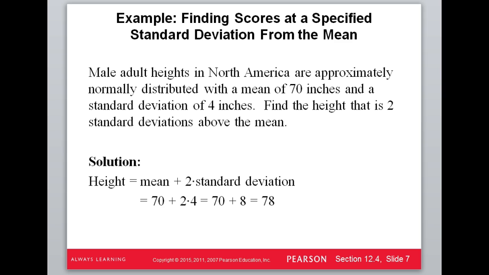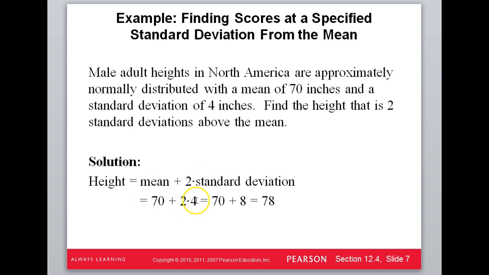Alright, finding scores from a specified deviation from the mean. So we have adult heights in North America, approximately normal, mean of 70 inches, standard deviation of 4 inches. Find the height that is 2 standard deviations above the mean. So what's the cutoff at 2 standard deviations above the mean? What we do is take the mean and add 2 times the standard deviation.